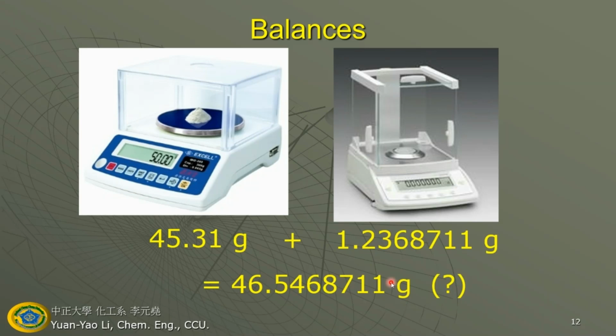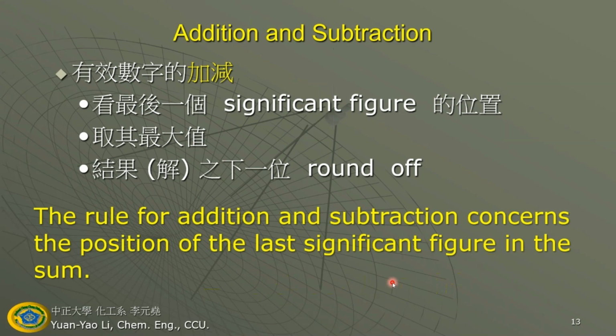Otherwise, you will have big trouble when you have the next number to put together. So for addition and subtraction, we have some definitions. The definition is that you look at the last significant figure, and you get the numbers and do the round off.